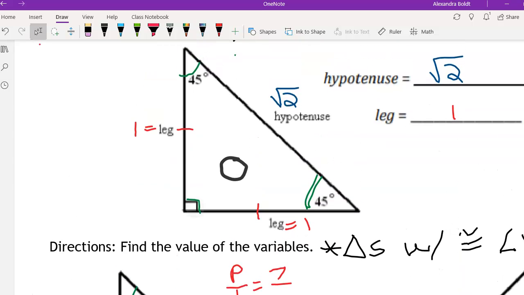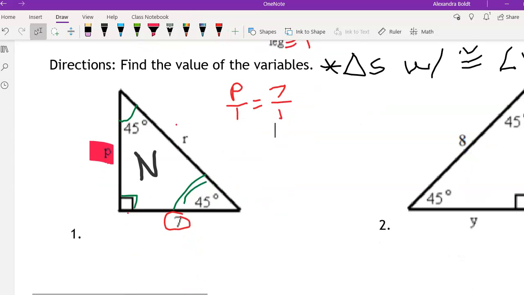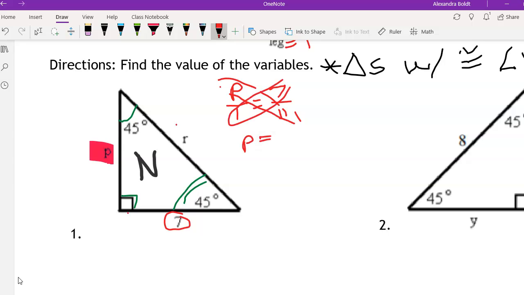So between my right angle and my 45-degree angle is also the number 1. Okay. And now just like in KC6, I'm cross multiplying. So I have 1 times P, which is P, equals 1 times 7, which is 7. So P equals 7.